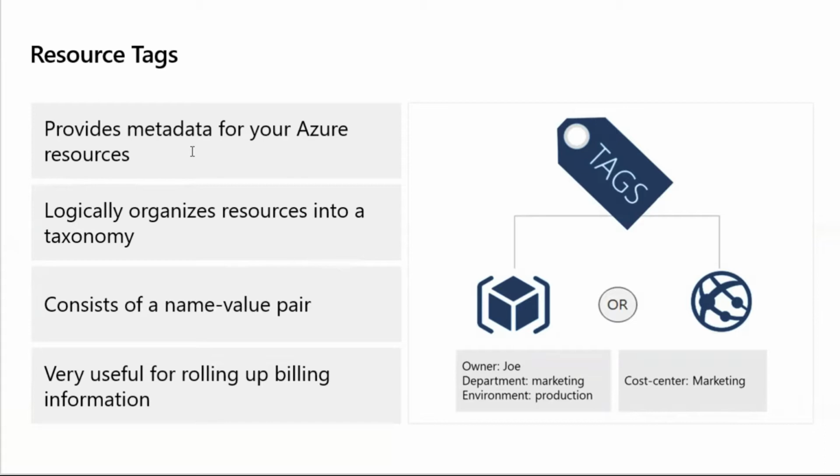So when you create or use anything in the cloud, you can tag it. And when you tag, later on it will be easy for you to understand how this money has been spent. So tags provide metadata for your Azure resources, logically organize resources into a taxonomy, consist of a name-value pair, and are very useful for rolling up billing information.